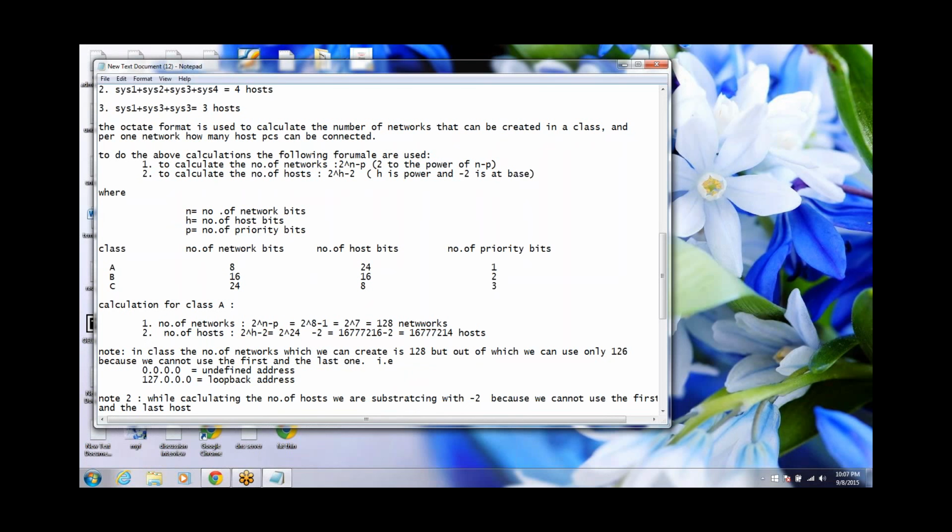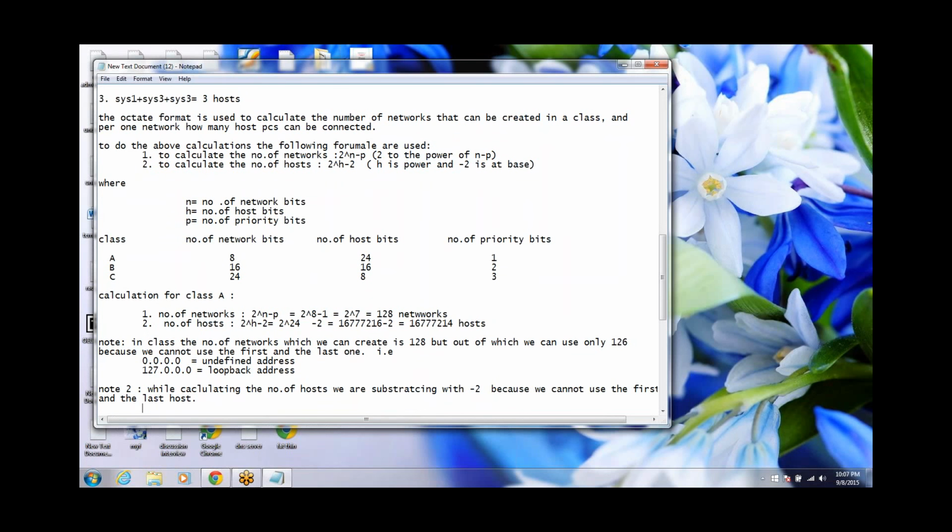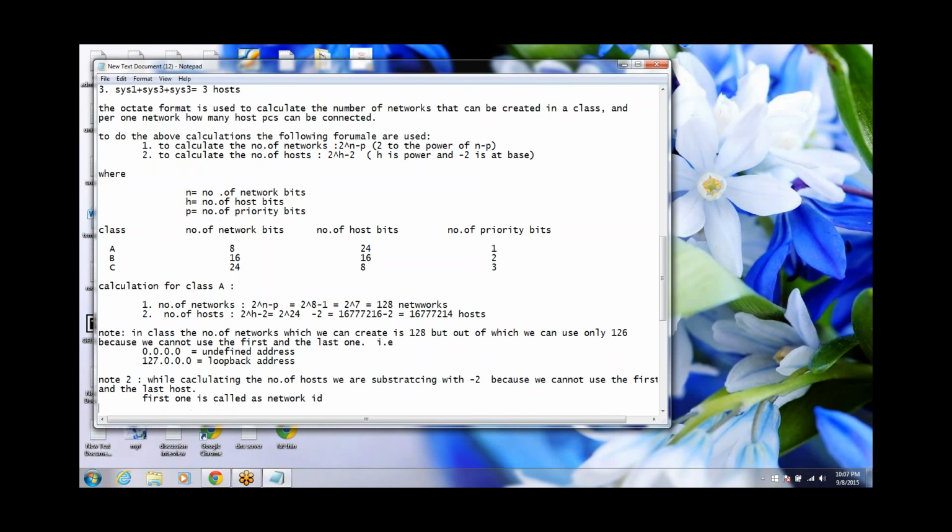The first one is called the network ID and the last one is called the broadcast ID.